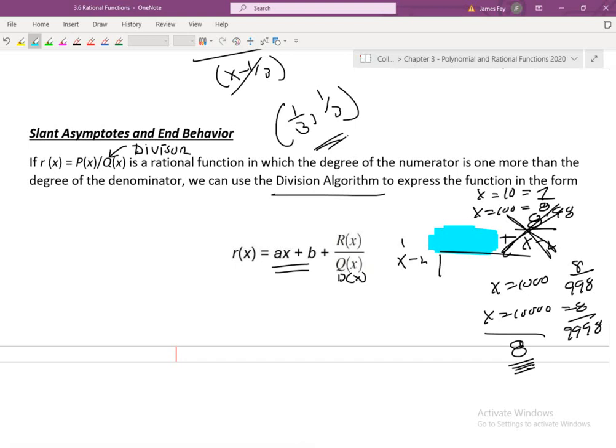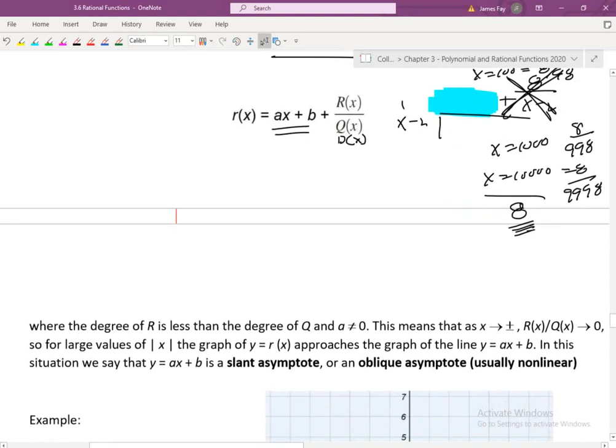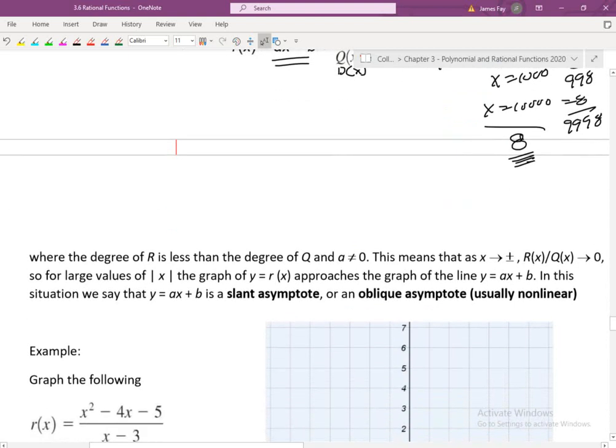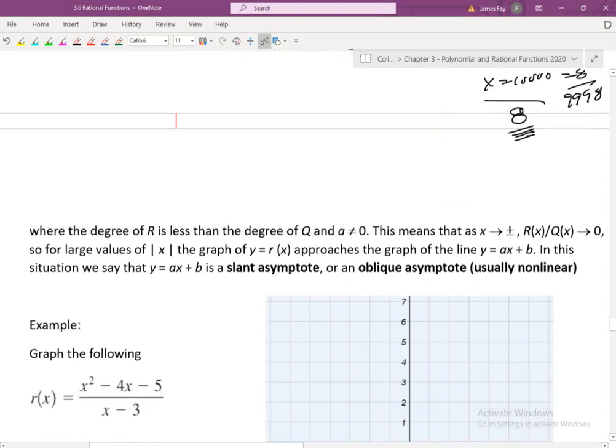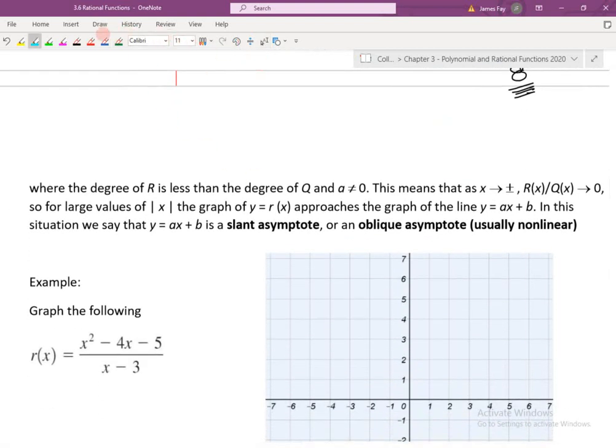So the division algorithm tells us how to find the slant asymptote. That will make more sense when we do a specific example. But that's what this is arguing here. It says that as x goes to positive or negative infinity, the remainder divided by the divisor goes to 0, and all you're left with is the quotient, and the quotient is your slant asymptote.